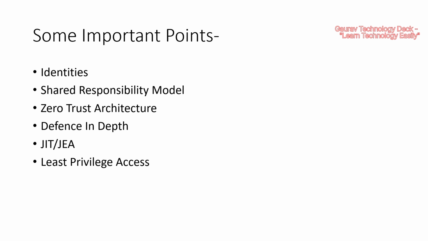Then these two terms which I have mentioned, just in time and just enough access, which is second last. We are doing just in time and just enough access for providing temporary access, for providing a minimum level of access for a specific period of time, because we want to reduce the attack surface and reduce the time period we can give to an attacker for attacking any identity, let's say if any data is breached.